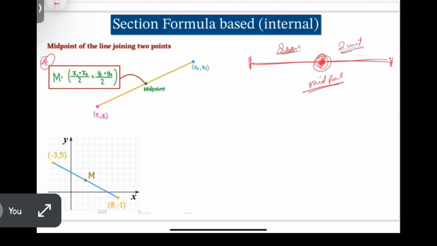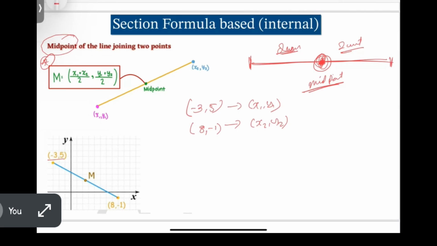So let's try a question. We have a point here, minus 3 comma 5. Let's assume this one is x1 comma y1, and this point 8 comma minus 1, which is x2 comma y2. But remember, until and unless in your question it's mentioned midpoint, you will not use this formula. You will use this formula only if the question says the midpoint.